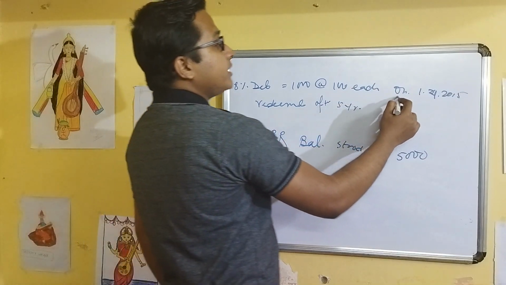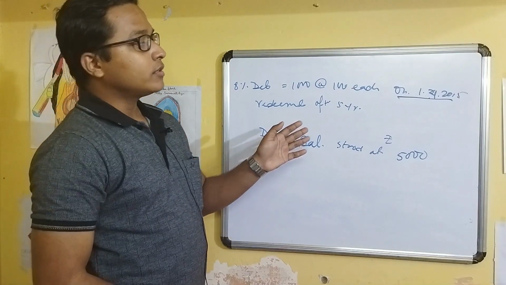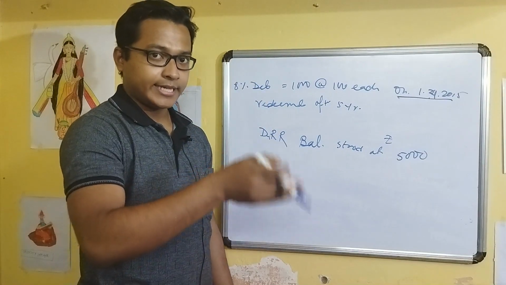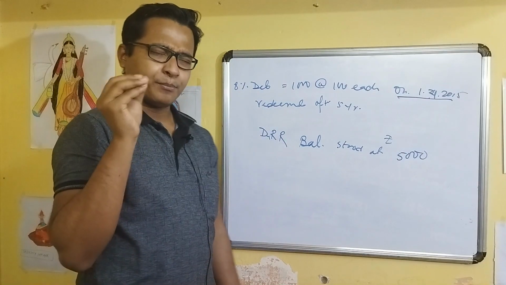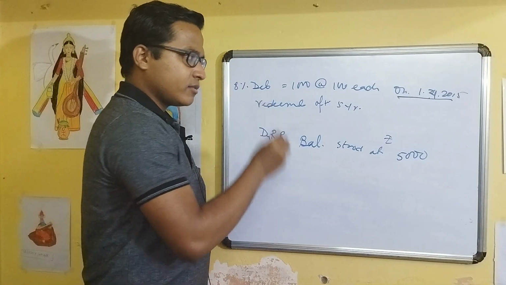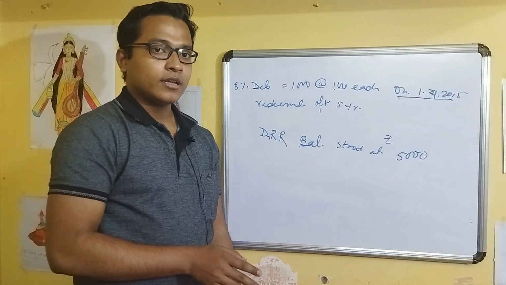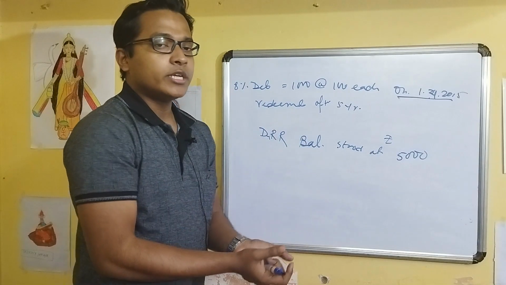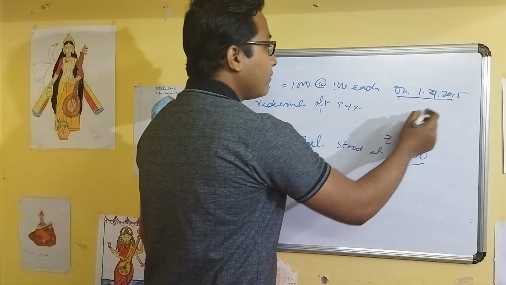The debenture is issued on 1st April 2015. So from the end of this year, that is 31st March 2016, 2017, 18, 19, every year end, the company may transfer a portion of its profit from the statement of PL to the DRR, and after transferring, the accumulated figure may stand at this 5,000 on the date of redemption.